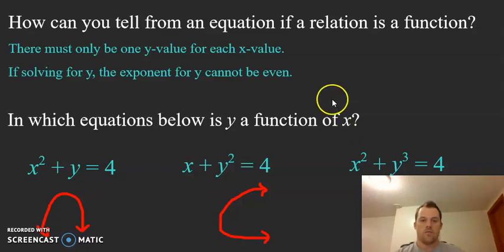So that's the thing we're looking for in equations. At a quick glance, does the y value have an odd or even exponent? If it's even, it is not a function. So this would be a function, this would be a function, this would not be a function.